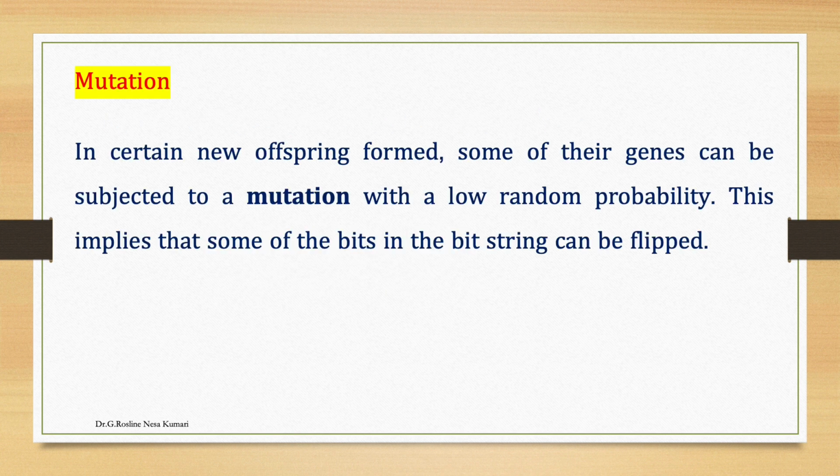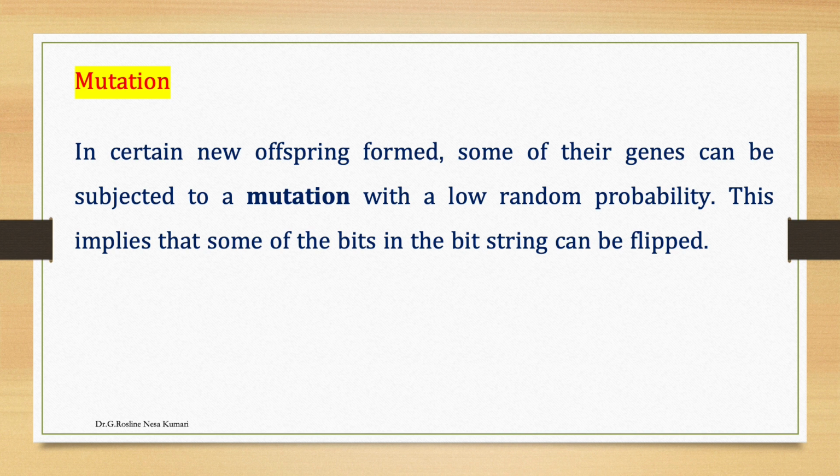Mutation is the last step of the genetic algorithm. Mutation is the genetic operator used to maintain genetic diversity in the chromosomes from one generation of a population of the genetic algorithm to the next. It is analogous to biological mutation.